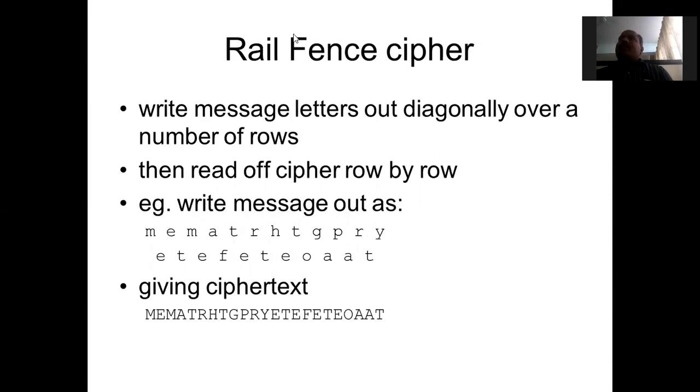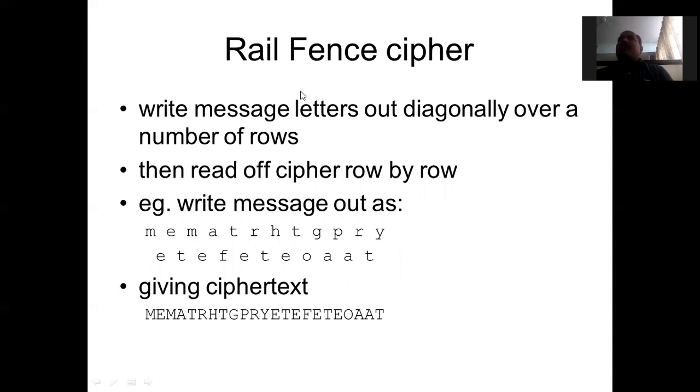This is the Rail Fence cipher, a very easy algorithm. Write the message letters out diagonally over a number of rows, and then read off the cipher row by row. The example I gave is "meet me after the toga party".